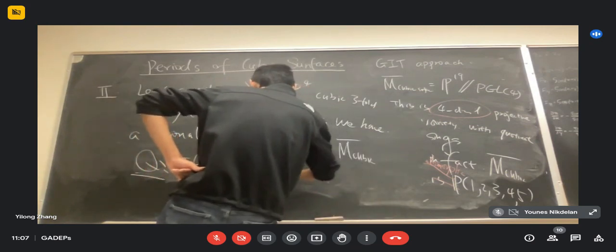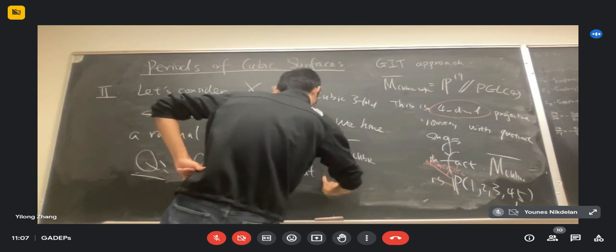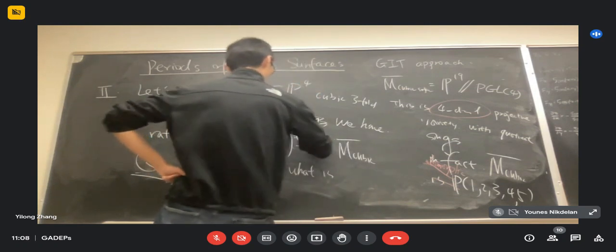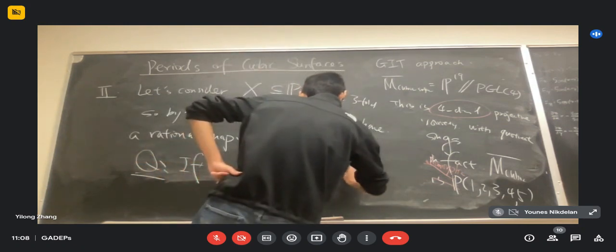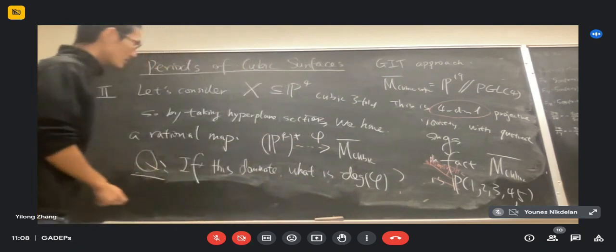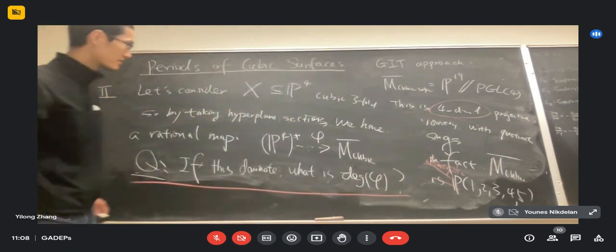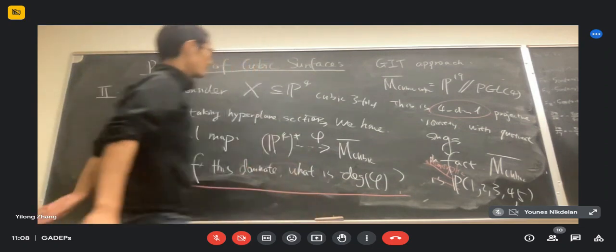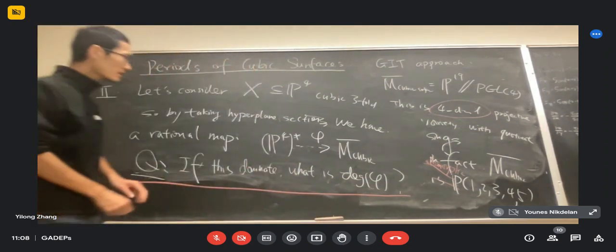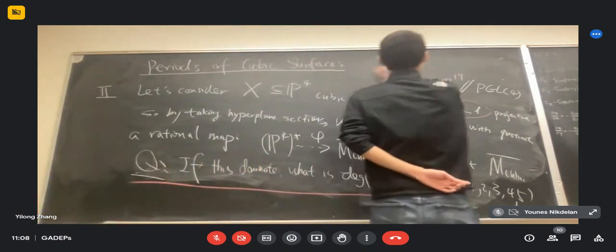What is the degree? Let's give it a name. Let's say it's phi. What is the degree? So this is our big motivating question. What is the degree of this?